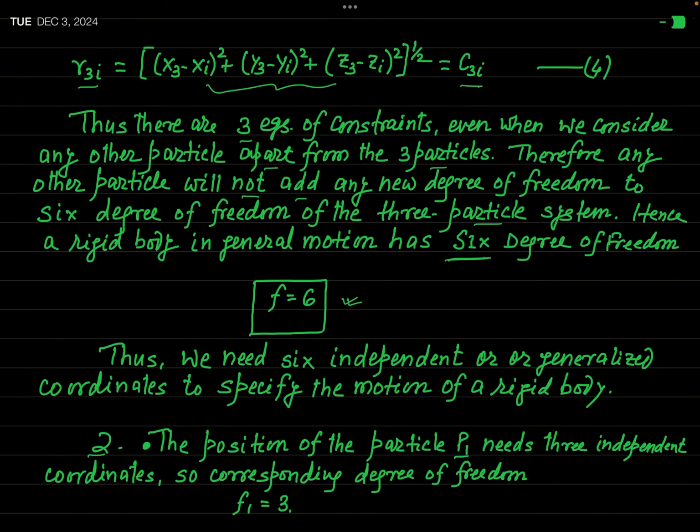Can you say what will be the number of coordinates to specify its position? Definitely that will be 3: x, y, z. So to specify the position of particle P1 we need 3 independent coordinates, and as the degree of freedom is equal to the number of independent coordinates, the degree of freedom of particle P1 is F1, and that F1 will be equal to 3.